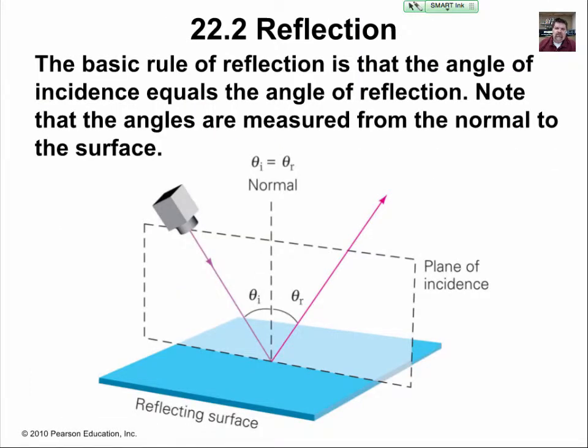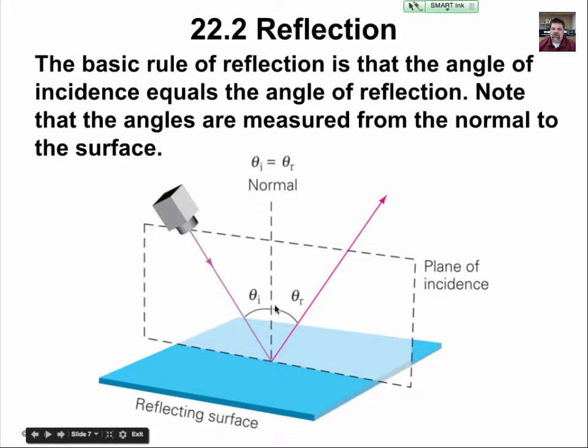So there are some basic rules about reflection and refraction. The first thing I want to talk about is the angle of incidence. If I have a surface that is being hit by planar light, as the light ray comes in and hits the surface, I draw a normal line, in other words, a line that has a 90-degree angle with the surface.